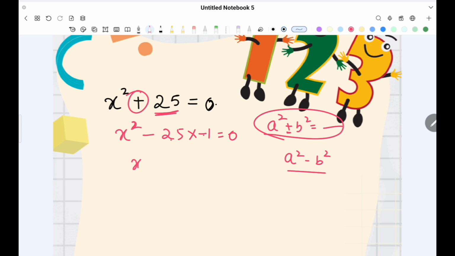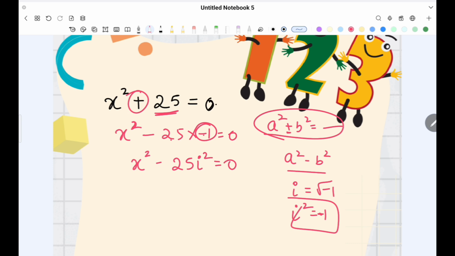Now x square, I told you i is equal to under root minus 1, i square is equal to minus 1. Then we can write the value of minus 1 as i square here.